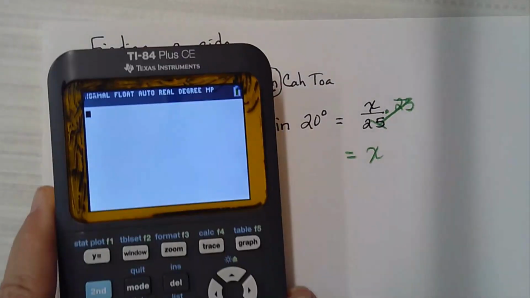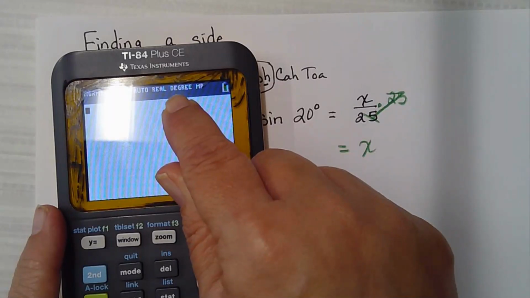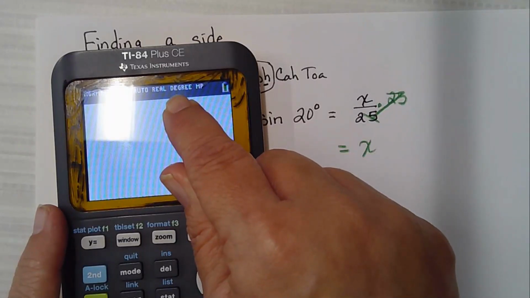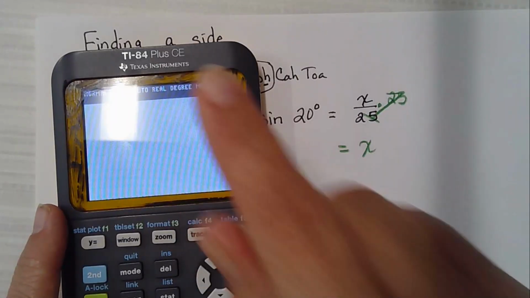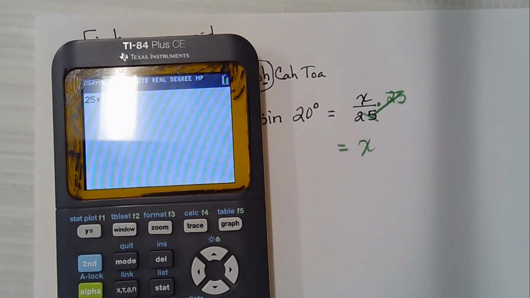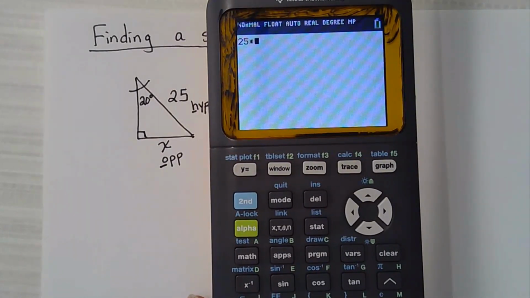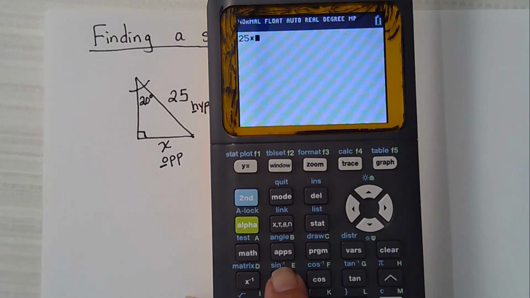So whenever you're ready to work, you want to make sure that you look up there and see if you want to be in degrees, make sure you're actually in degrees. So then we would type 25 times, and your sine button is going to be above the 7. You see sine.